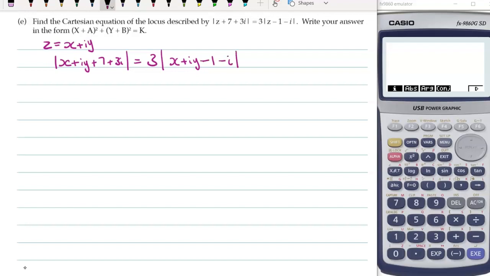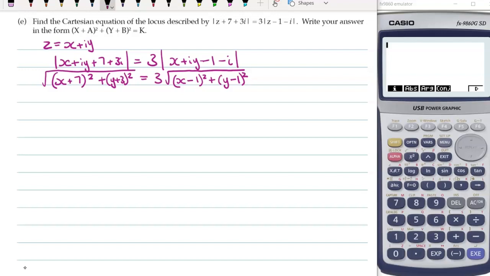Now modulus means we're going to take the real parts and square them. We're going to take the imaginary part, so this is y + 3, and square them, and then do the square root of it, like this. On this side, we've got the real part is x − 1, and the imaginary part is y − 1. Again, we're just looking for the coefficients of i. We don't include the i itself.